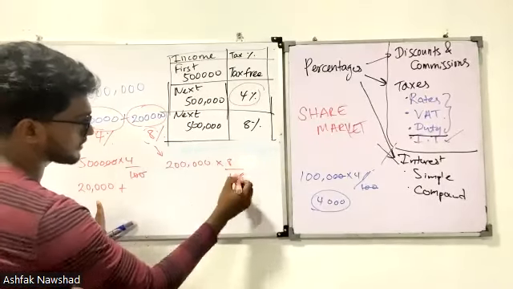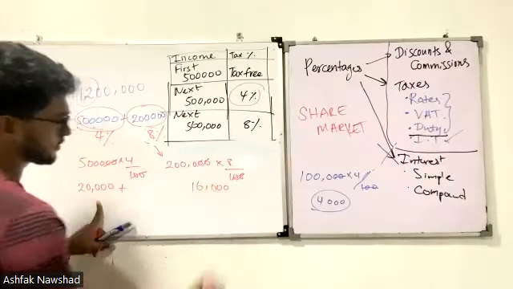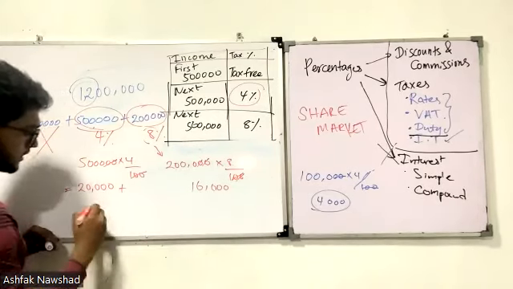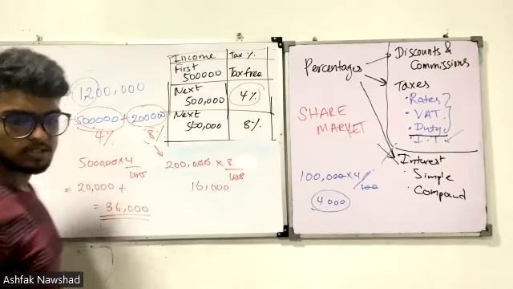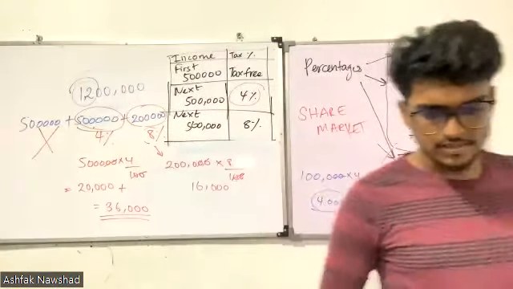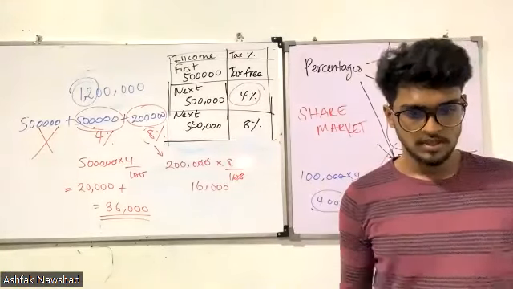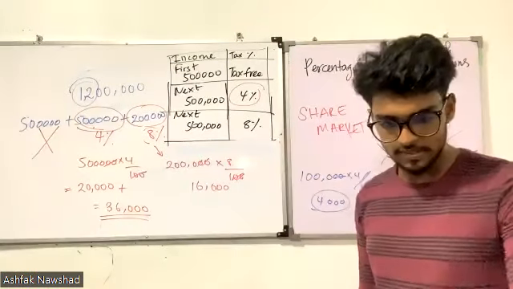So that gives us 8 times 2 is 16, 16,000. So the final tax value is 20,000 plus 16,000, which is 36,000. Is this clear? You can also watch the recording, but I'm receiving answers that it's clear, right?